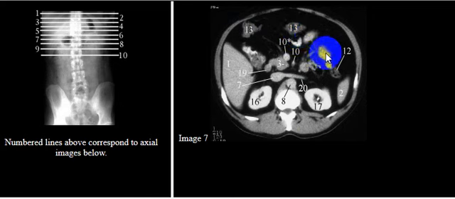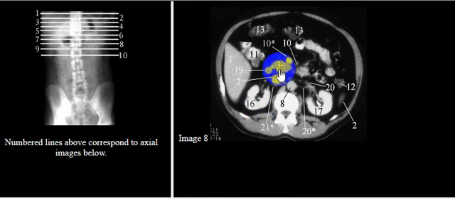Transverse colon, small bowel, this is the duodenum, and this is the descending colon and ascending colon. And here, this is the duodenum, transverse colon, descending colon and the small bowel.